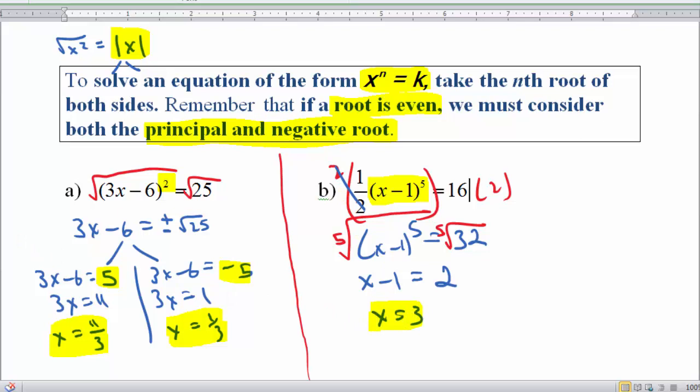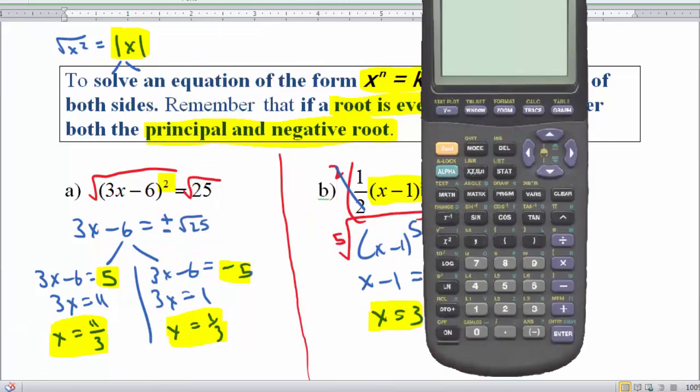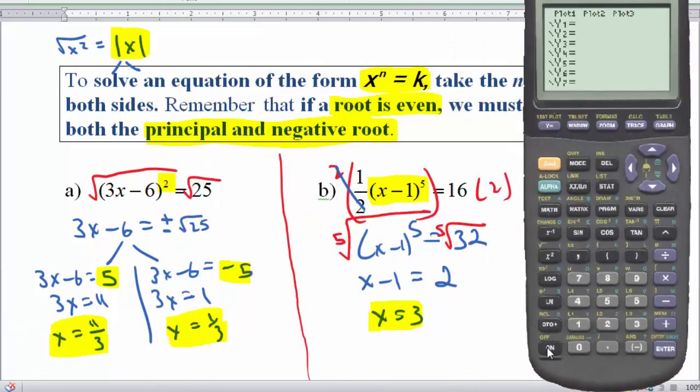Okay? x equals 3 is the only real solution to that equation. Alright? And that one might actually be worthwhile to do a little graph of, just to take a look at it. Because remember how to solve graphically? You just make one side y1 and the other side y2.